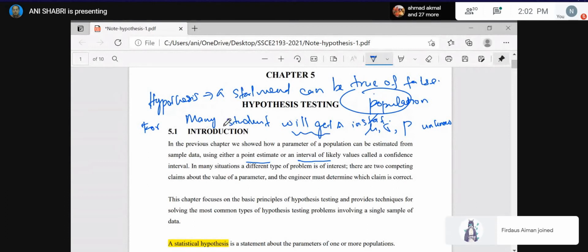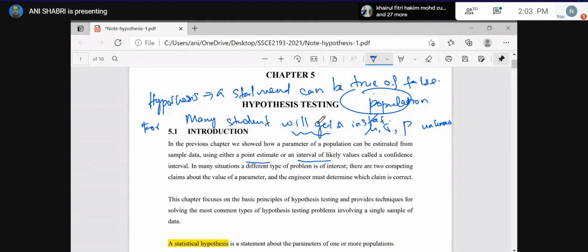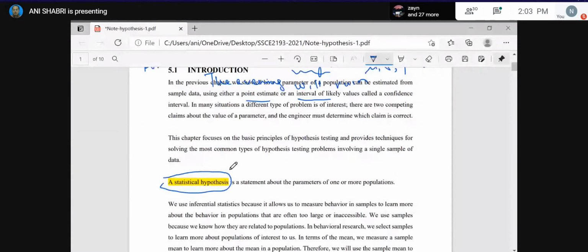This is what I will teach you in this topic. In statistics, it is a statement about the parameter of one or more populations. Okay, I will teach you in this class.